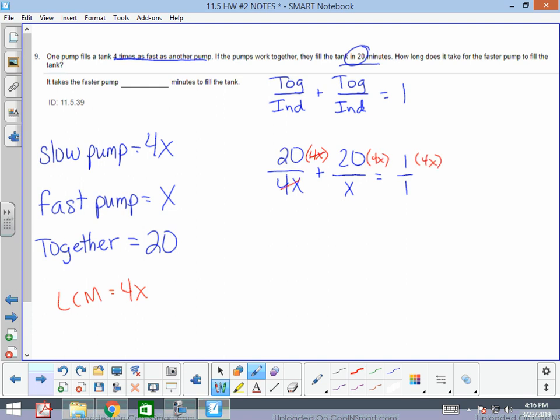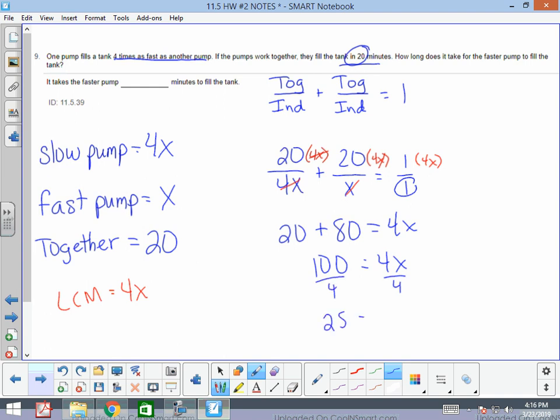So here 4x divides by 4x and I get 1. 1 times 20 is 20. Plus here the x's cancel out. So 4 times 20 is 80. And then here it's already a 1, so I'm just multiplying 1 times 4x. So 400 equals 4x, divide by 4.